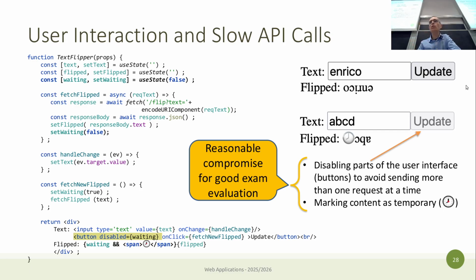He or she has to press a button and wait, okay? Because you need to understand first when he or she finished typing, and then you need to wait for the response, okay? So this is what we call a reasonable compromise for good exam evaluation, okay? Unless something different is required, okay?